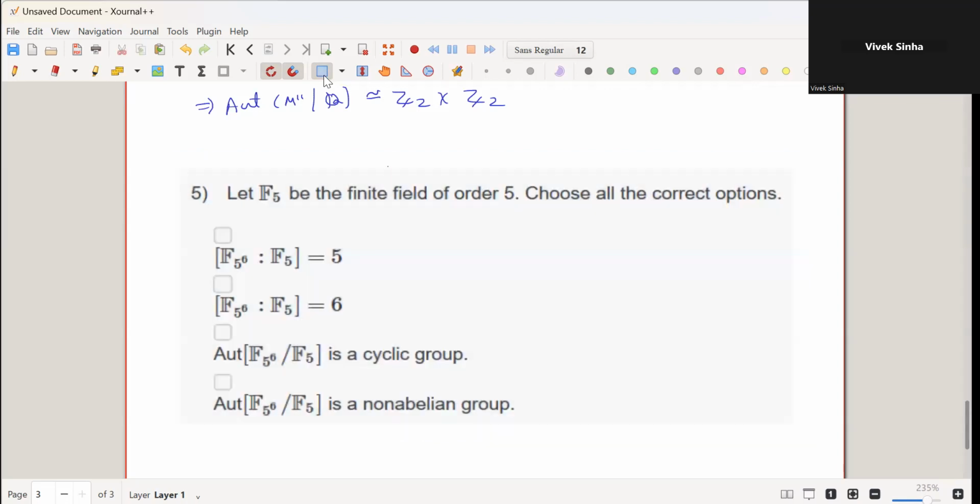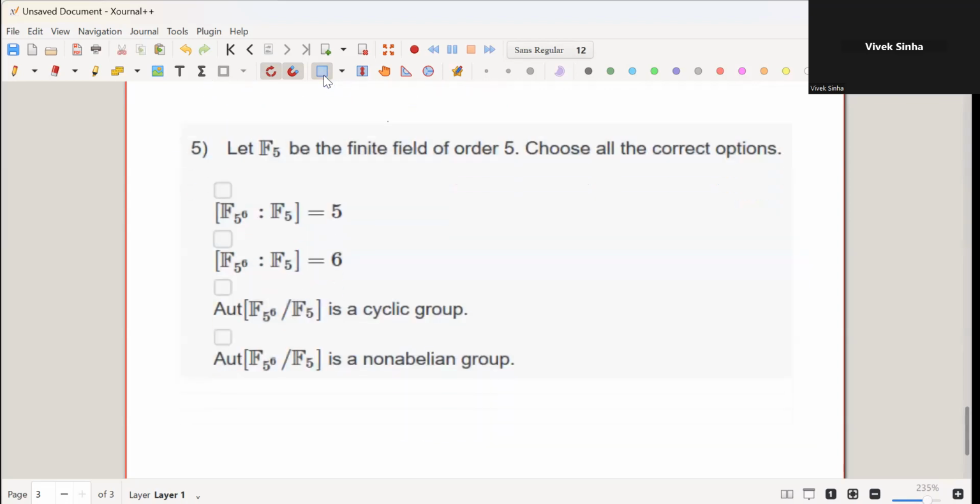So first two are kind of straightforward. There is nothing to be done. I don't know why they have given it. But yeah.